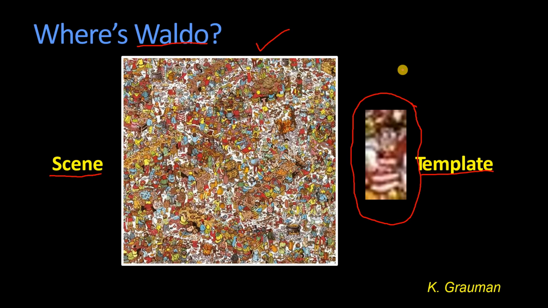For this purpose, computer vision is more superior. Computer vision can find it more easily. So that's the task. You just pause the video and try to check if you can find this template inside this whole image. Okay.